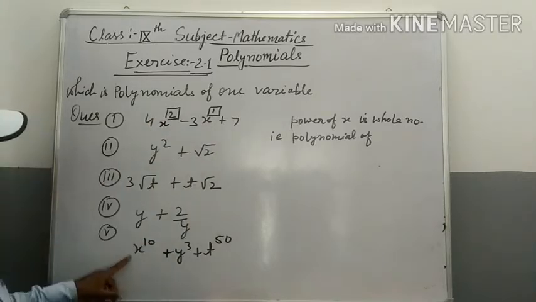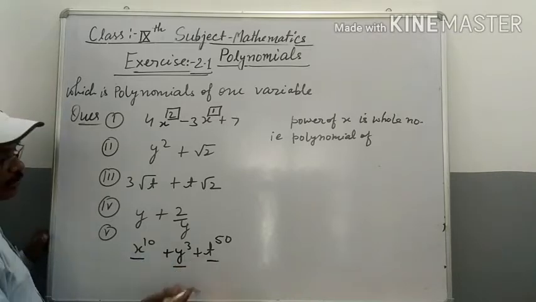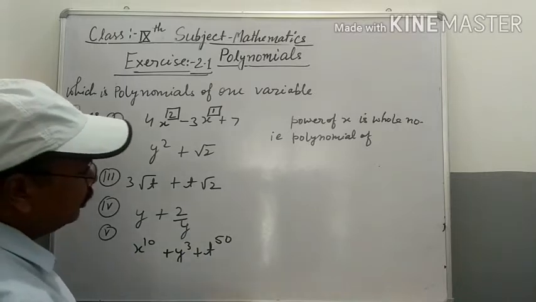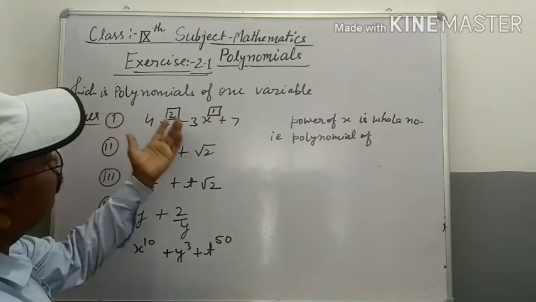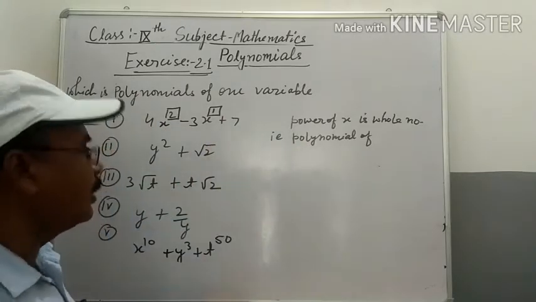But in the fifth example the variables are x, y, and t, three variables. Students, already in the definition of polynomial, we have learned that the power of polynomials is a whole number of one variable, that is known as polynomials.